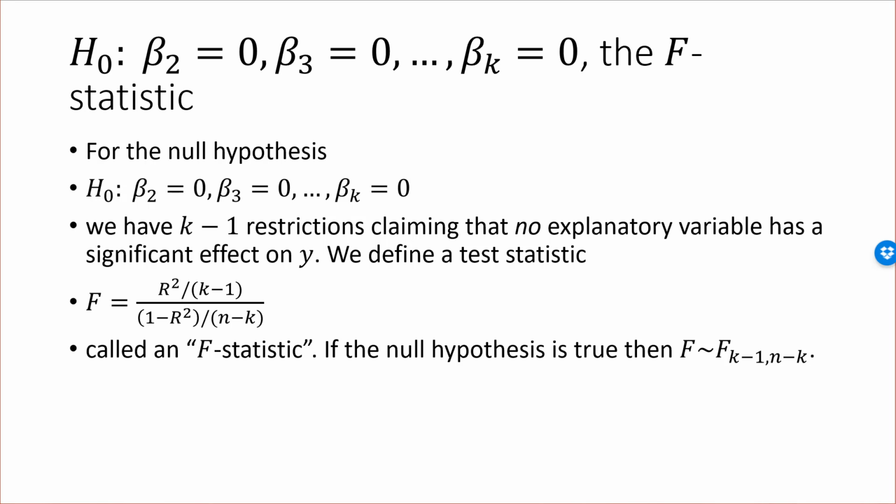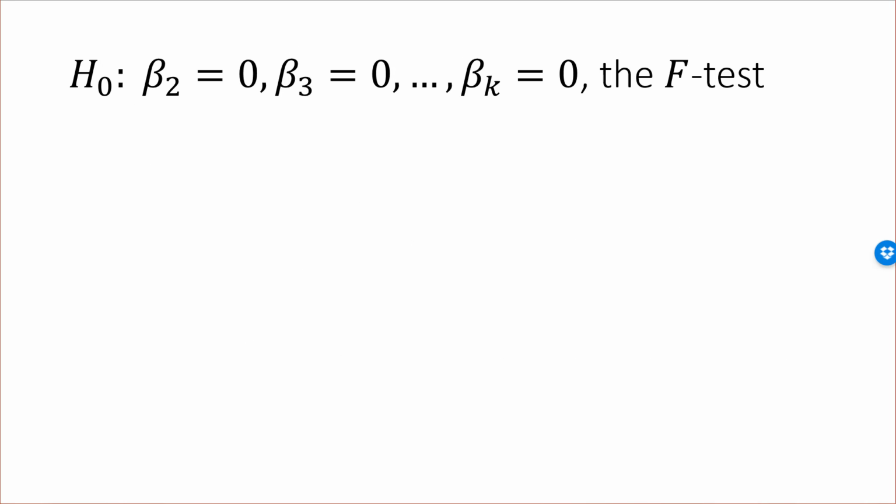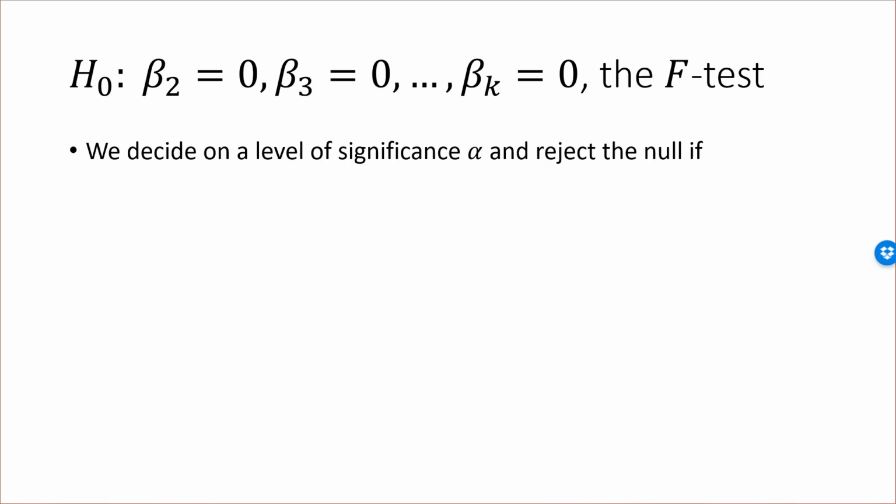We know that the F statistic follows an F distribution under the null. So to test the hypothesis, all we have to do is decide on a level of significance, that is the size of the tail, and reject the null if you're in the tail, that is if your F value is greater than this critical value.